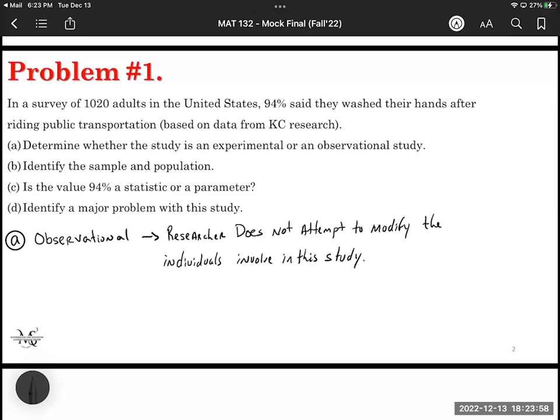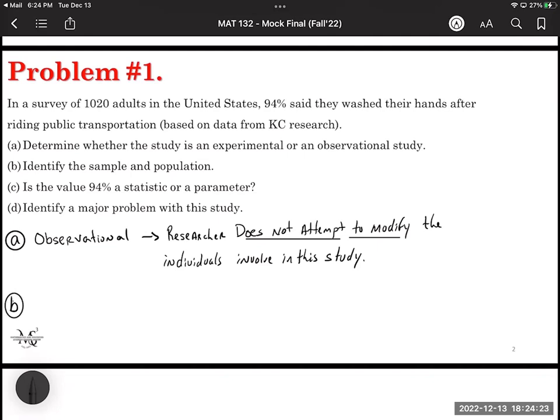All right, so that's part A. It's observational. There's no treatment being applied. There are no different groups being created here, one getting treatment, the other getting, let's say, a placebo. None of that has happened. Okay, so part B now states to identify your sample and population.